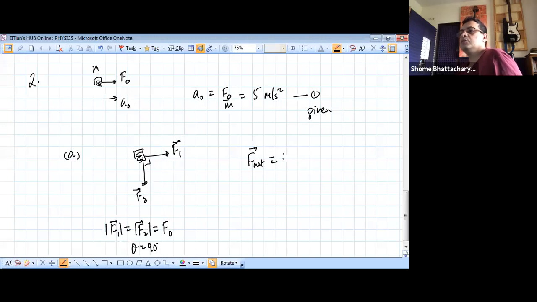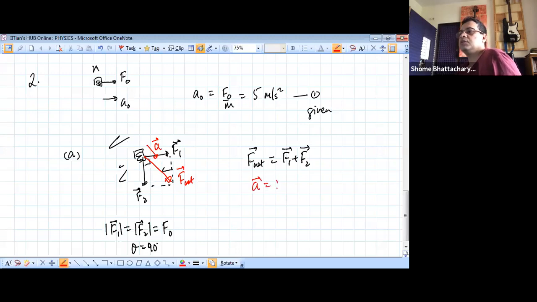So the net force will become the vector sum of F1 plus F2, because this is lying on that frictionless surface, as you can see. So weight and normal reaction are balancing each other, but along the horizontal surface on which it is lying, this is the force. The vector sum of these two will be a force in this sort of direction. This will be the net force, and the acceleration of the object will be along the direction of the net force.